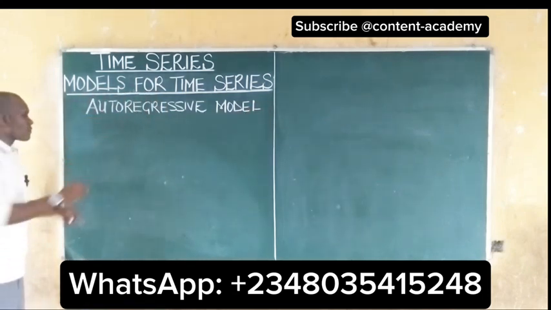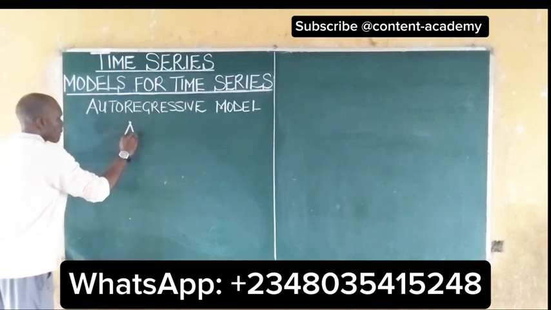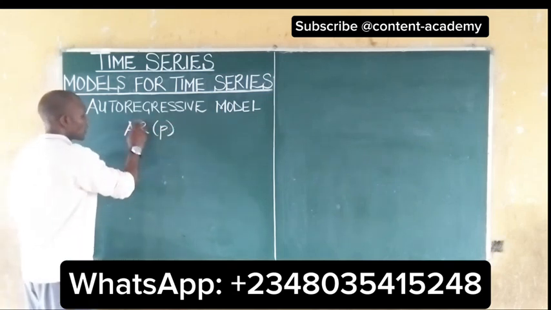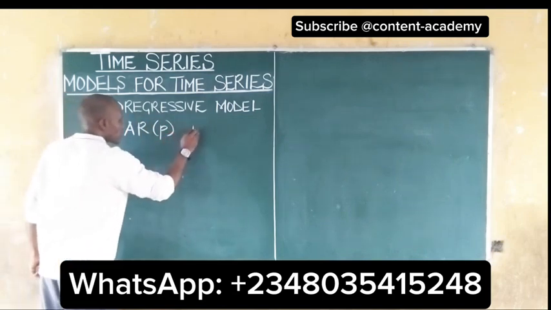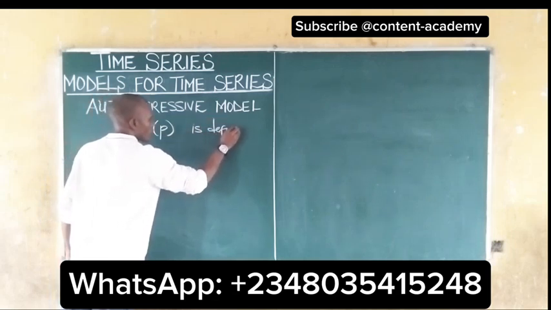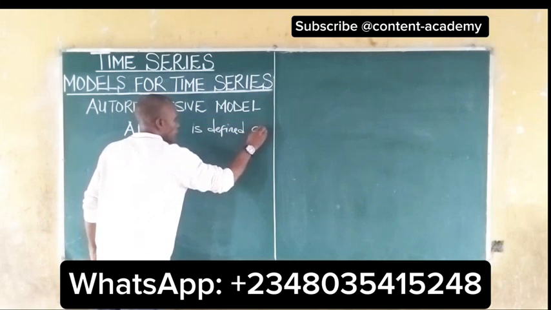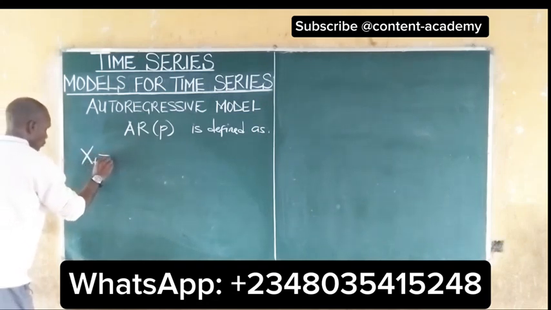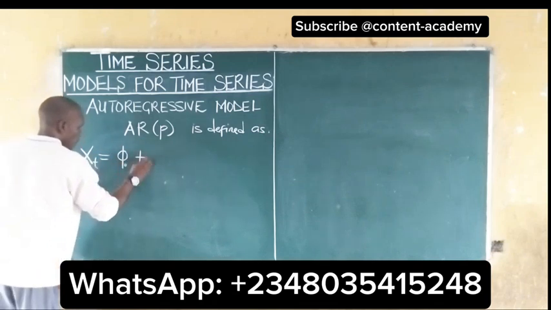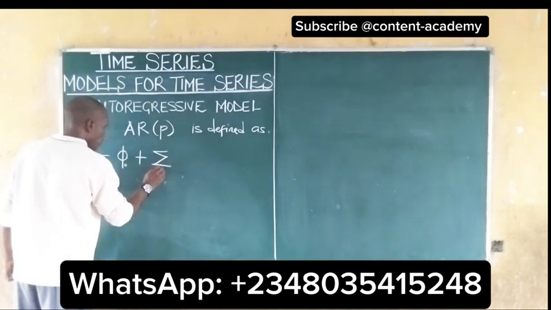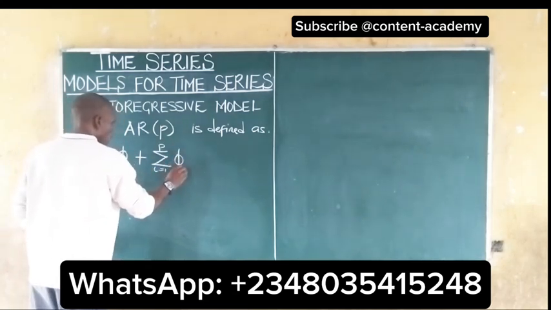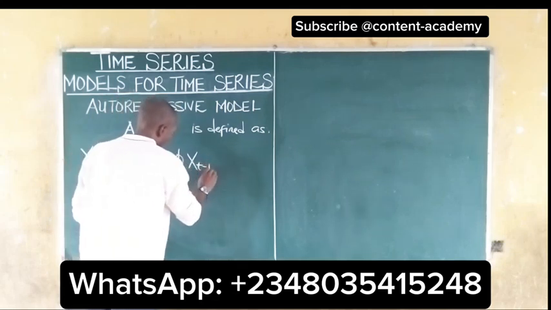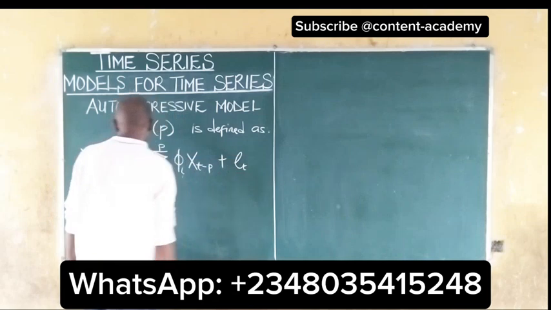So, the autoregressive model, denoted as AR of order p, this is how it is denoted, is defined as, now we'll write the model: xt equals pi 0 plus the summation of i ranging from 1 to p of pi i x t minus i, plus et.